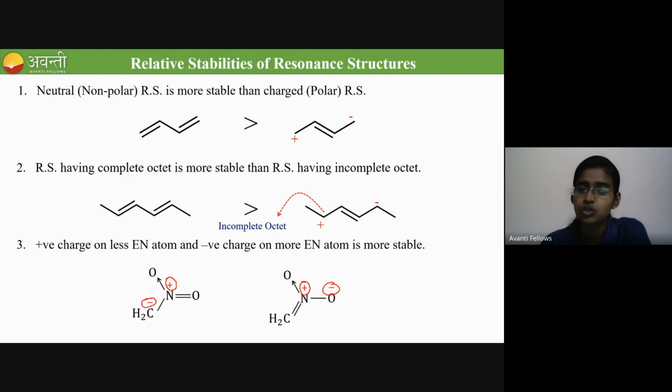For that, you should know which atom is more electronegative. Electronegativity concept you might have studied in your periodic classification of elements lesson, right? Can you tell me which atom is more electronegative among carbon and nitrogen? Try for it.